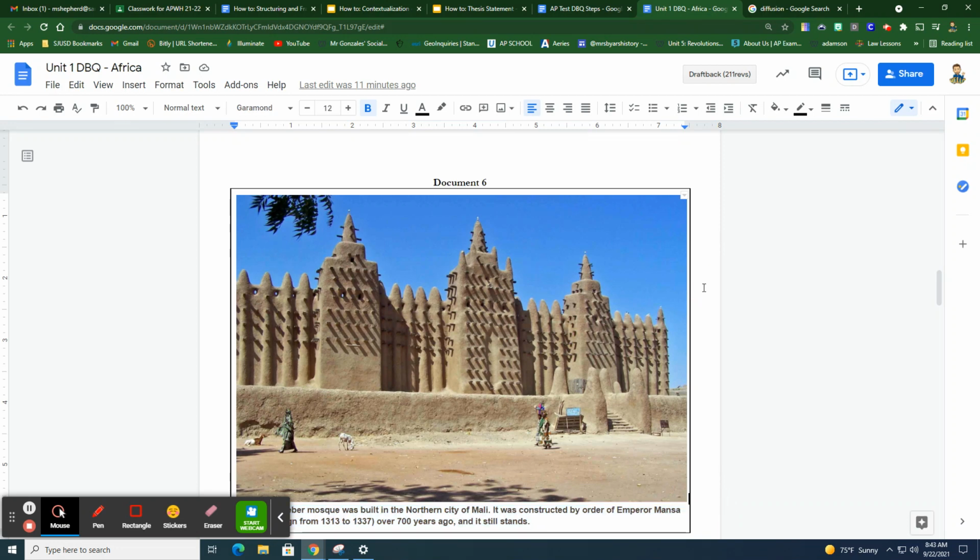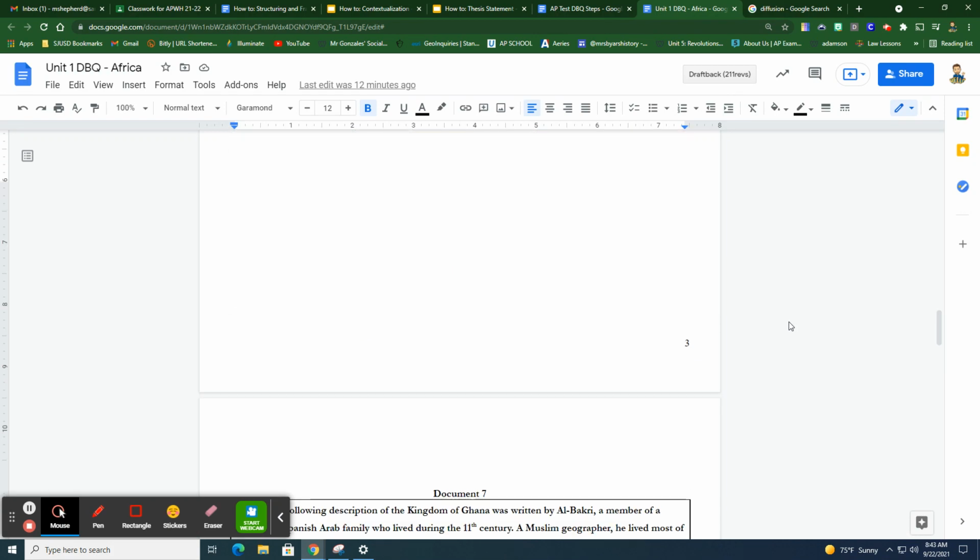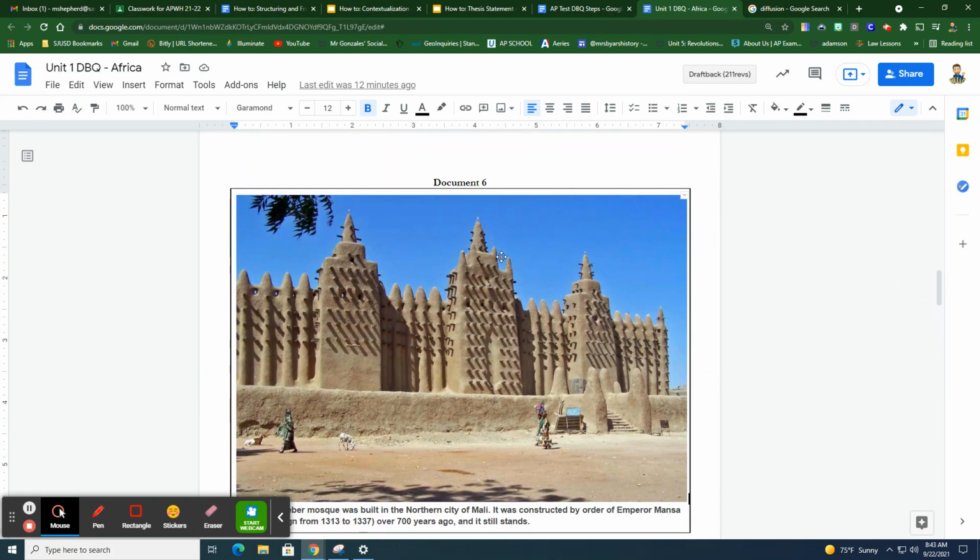So the spread of Islam created new geographic locations and mosques all over sub-Saharan Africa, which diffused Islam even further, and it legitimized the rule of the new Islamic kings like Mansa Musa. So you could still derive the same exact stuff out of a picture, but you only really need to use 6 documents. So if you're not strong with a picture one, just skip it. Use the 6 easiest ones.